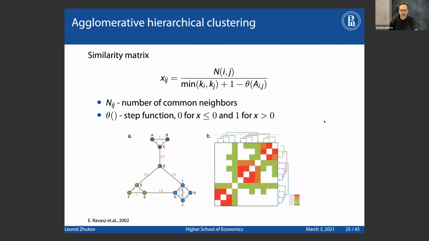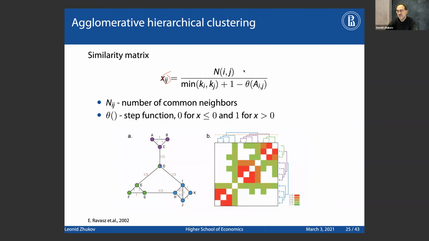There are many more algorithms, but I want to point out another algorithm which is also quite popular. It's agglomerative hierarchical clustering. Again, it's the notion of, okay, let's just try to agglomerate clusters. The idea here is slightly different. For every pair of nodes, we build a similarity matrix that measures similarity between those nodes.